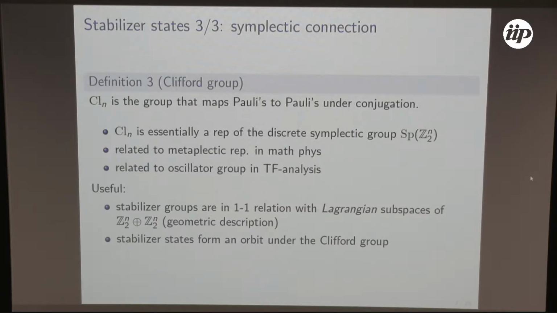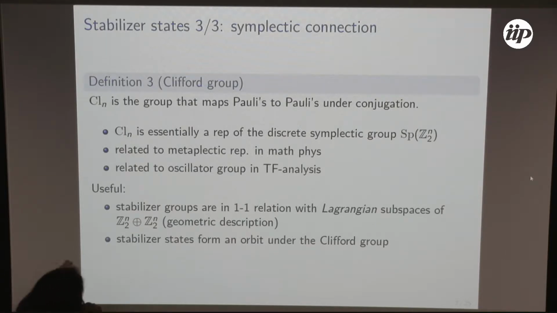There's some natural symplectic geometry on it, because there's a symplectic form that tells you if two Paulis commute or not. All these relations from the previous slide generalize here, and a Lagrangian subspace is just a maximal subspace in the sense that the symplectic inner product between all its elements vanishes.